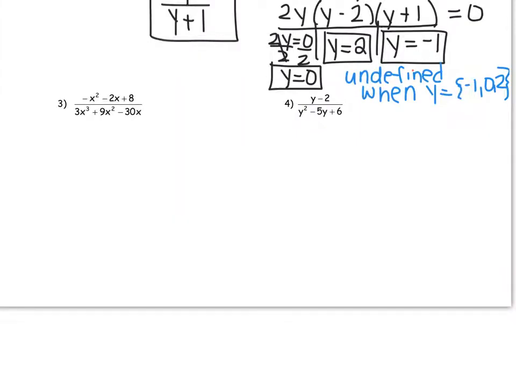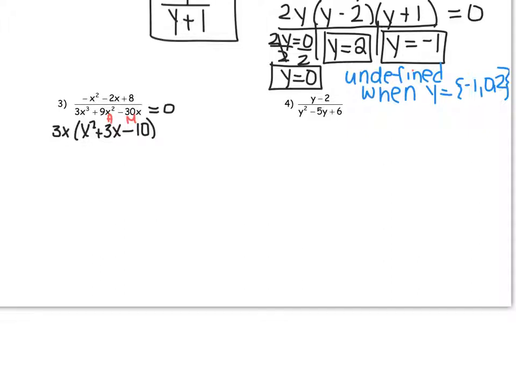Okay, so I'm actually going to factor the denominator because I know that I have to set this equal to 0 to figure out the undefined values. So it looks as though I could take out a 3x, and I'm left with x squared plus 3x minus 10. And I'm going to factor the inside a little bit more using my add and multiplying trick.